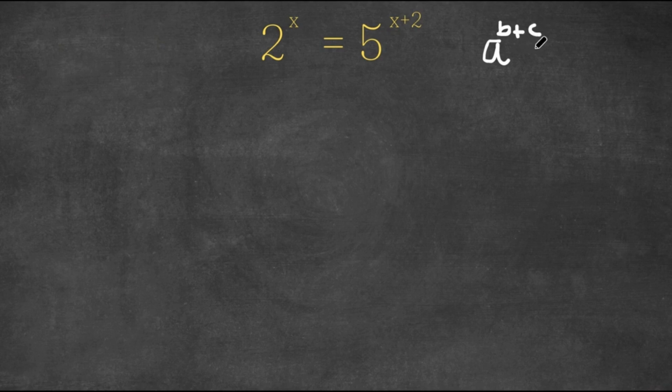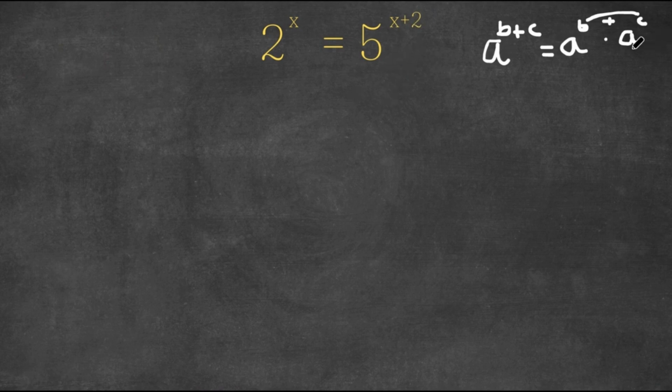An important property of exponents is that we can change this into a to the power of b times a to the power of c. Because remember, when we're multiplying exponents, we add the exponents. So all we're doing is simply reversing this. That's what we're going to do to 5 to the power of x plus 2. We're going to reverse it back to its original form and expand it.